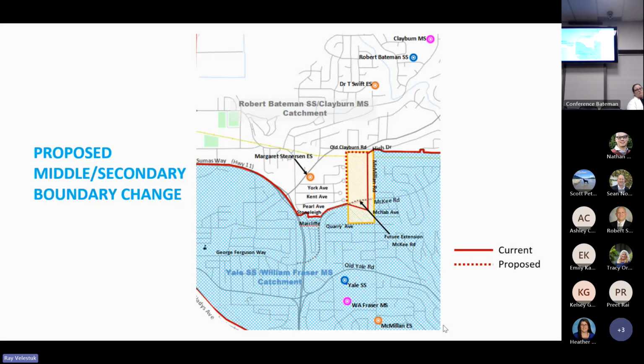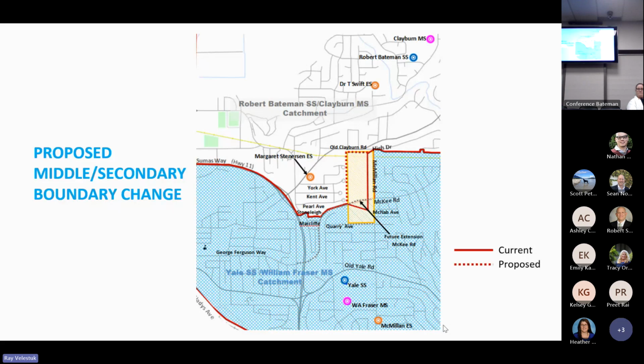Yeah, again, I think part of the consideration is, if you took away all of the geography, on this nice flat map with no barriers, and you look at the roadways getting to some of the other sites, it just made more sense. They can almost see Yale Secondary and Fraser from where they live, and it just made more sense for them to walk down McMillan Road to school.